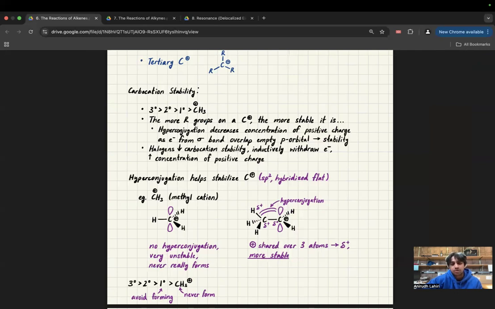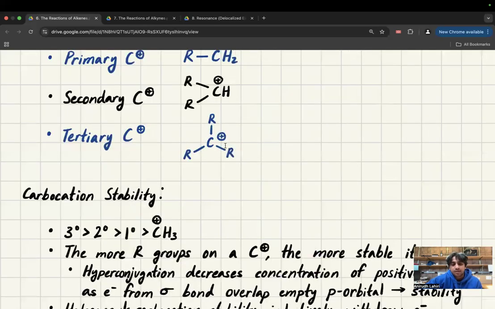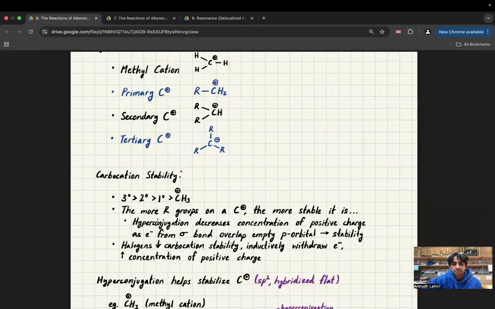Hyperconjugation will decrease the concentration of positive charge as the electrons from the sigma bond overlap with the empty p orbital, giving stability. All this is just to say that these lines here correspond with orbital overlap, right? Because a bond is just orbital overlap. And the more orbital overlaps we have, we get this effect called hyperconjugation, which is just something that you get with carbon bonds, right?